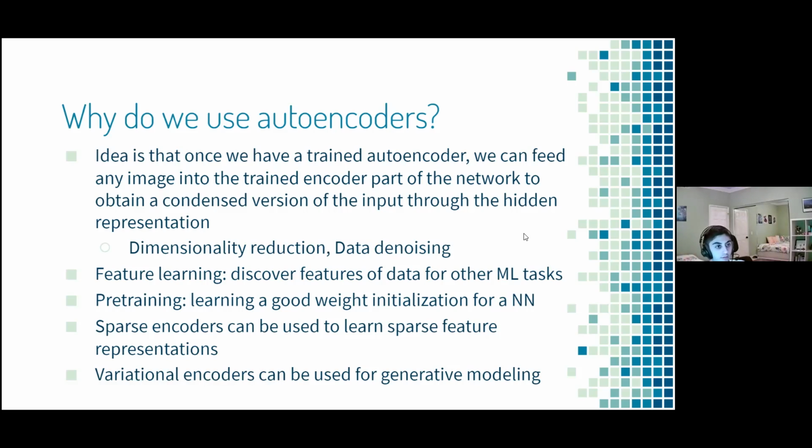Now this is useful for a bunch of reasons. This can do something called dimensionality reduction, which intuitively makes sense, because if we have 784 neurons and put it into a space of only 5 neurons, we're reducing the dimensionality. This also does something called data denoising. This is one example of where this is very useful.